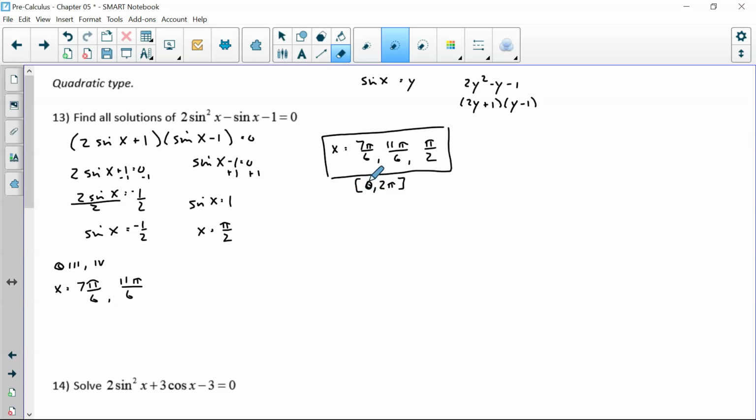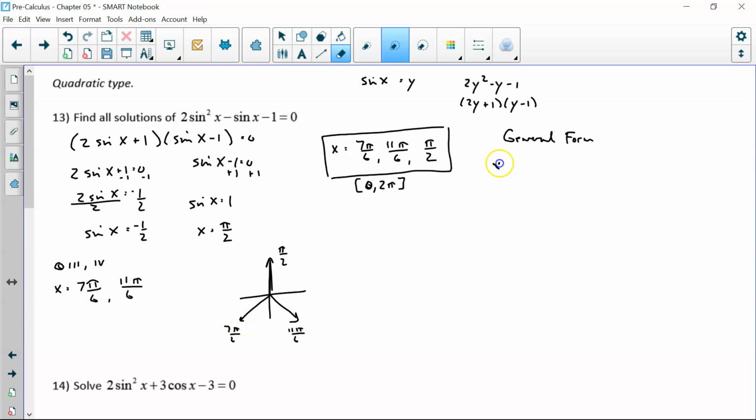The general form, if we think about it graphically. Now, there's 7 pi over 6 and 11 pi over 6. They're not nicely spaced. And here's the pi over 2 up here. Nothing is equally spaced, so to go all the way back around the circle, we just have to add our 2 pi.